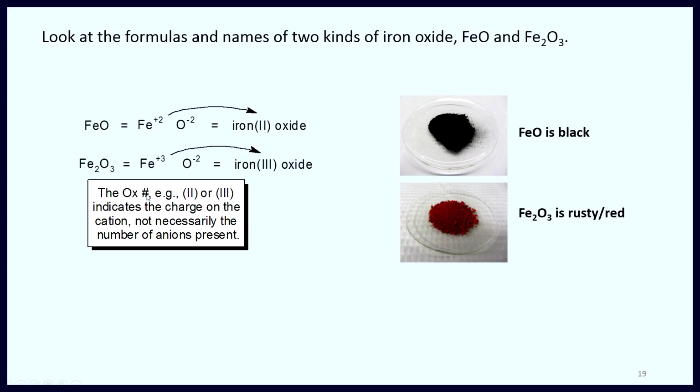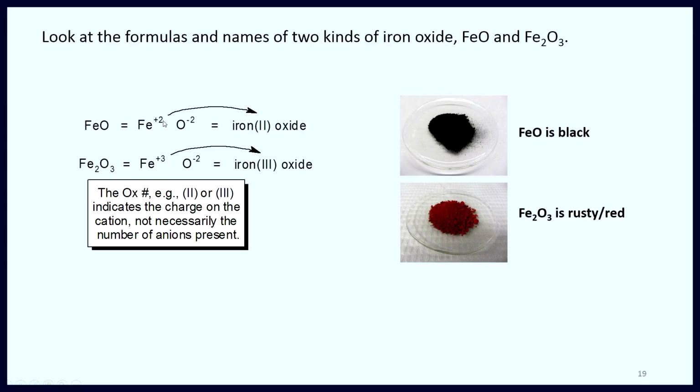The oxidation number, either 2 or 3, indicates the charge on the ion, not necessarily the number of anions present. So you want to be careful here. Sometimes students try to find shortcuts, and sometimes that's good and sometimes it's not so good. So students sometimes think, well, the oxidation number tells me how many of the other ion are in the formula. Well, sometimes that works, like in the case of iron 3 oxide.